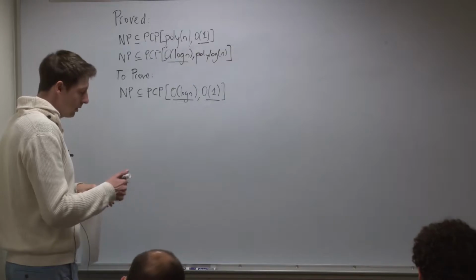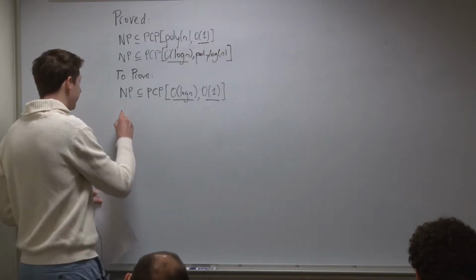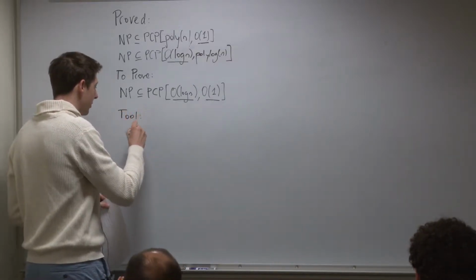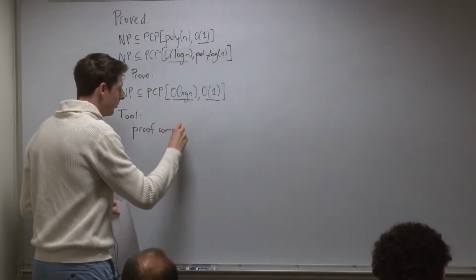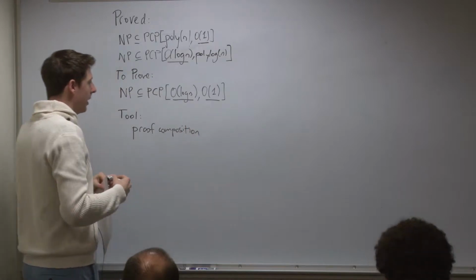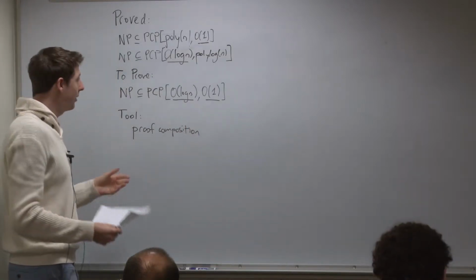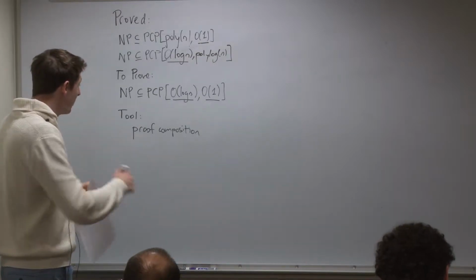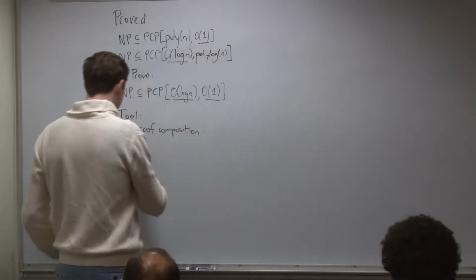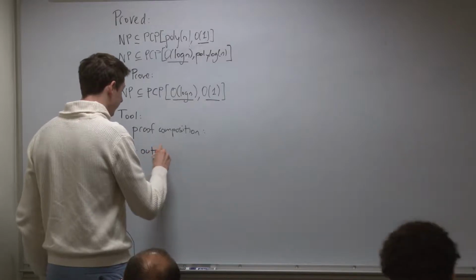The technical tool that will let us do that is called proof composition. At a very high level, it will let us do precisely that. We will have 2 PCPs. One is called the outer PCP.